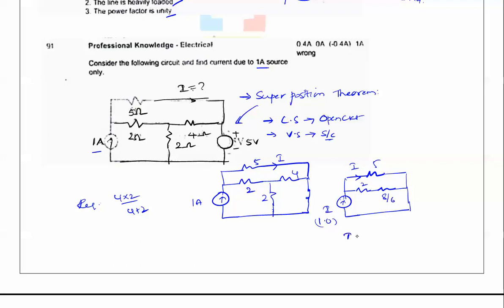So I is equal to the total current 1, times the opposite resistance divided by the sum of resistances, so 5 plus 8 by 6. If you substitute this, you will get the answer as 0.4 amps.